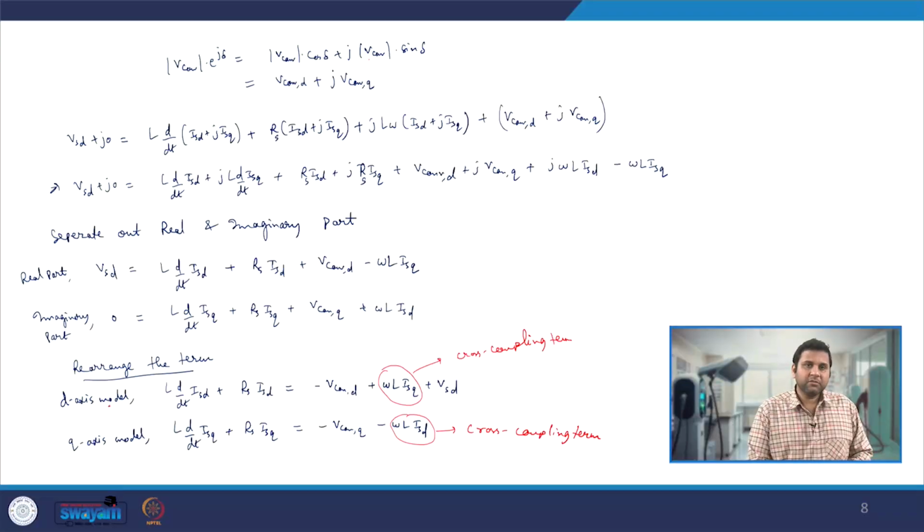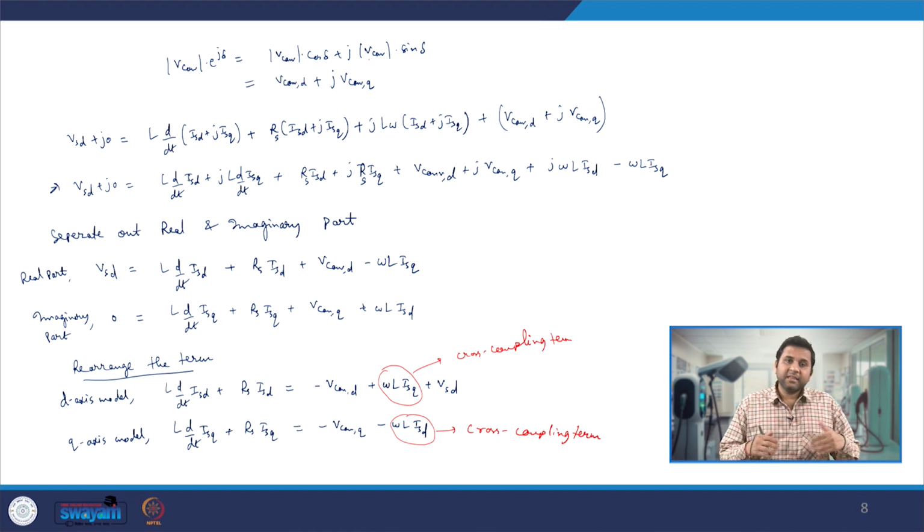And that is when we can get two independent circuit models, which is the D axis model and the Q axis model.